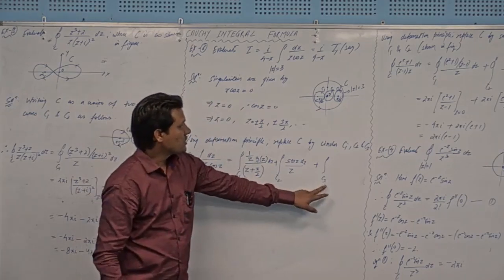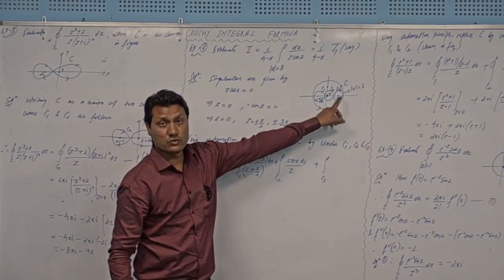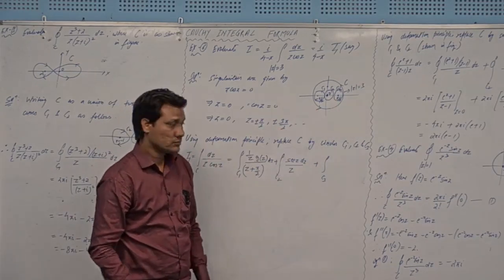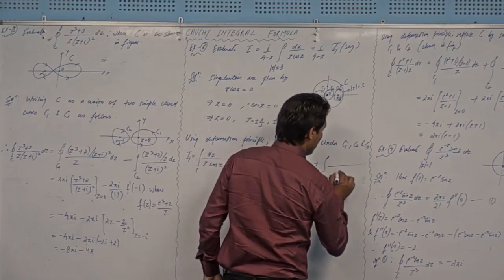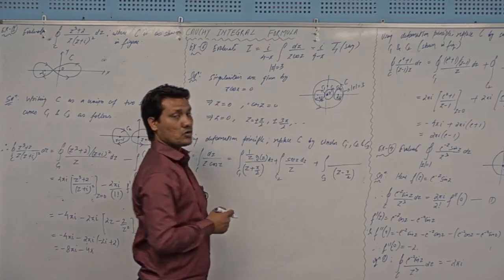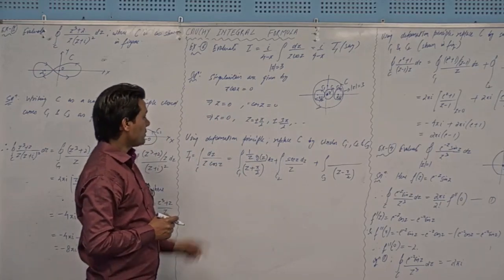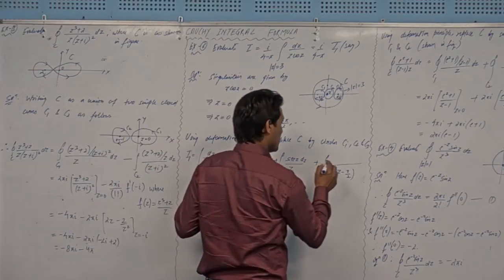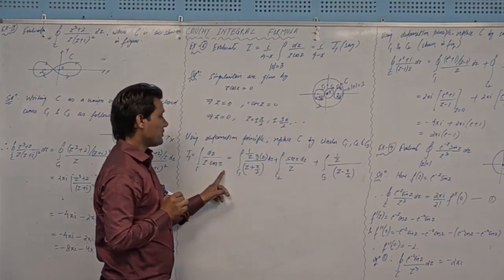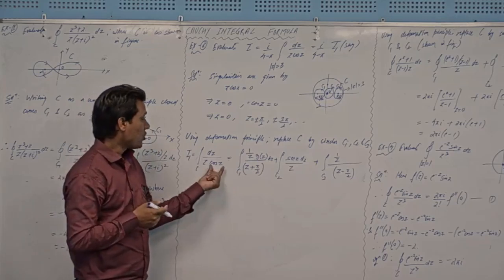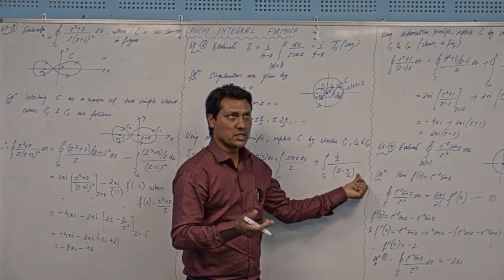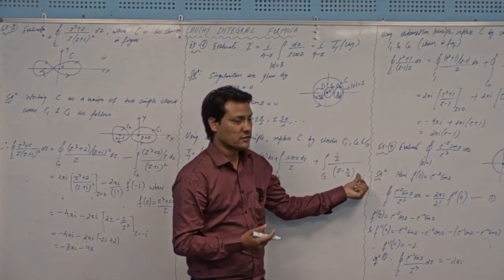Similarly, you see this C3. C3 is enclosing the singularity z equal to pi by 2, right? So if C3 is enclosing the singularity z equal to pi by 2, then in the denominator we should only have z minus pi by 2, right? In order to use that Cauchy's formula. And obviously this 1 by z should be taken here, and for the remaining function, this time I am assuming that cos z is actually equal to z minus pi by 2 multiplied by some unknown function, let that be h(z), or g(z) again, okay?